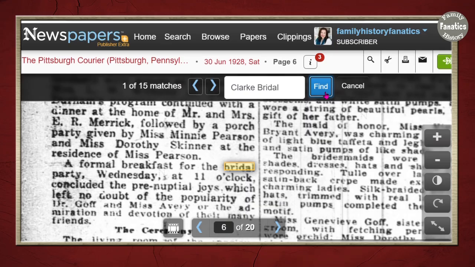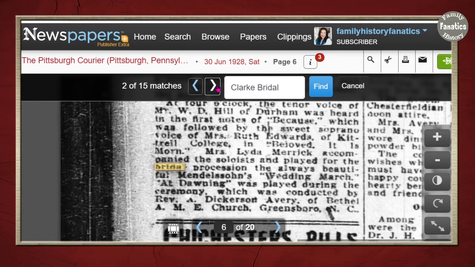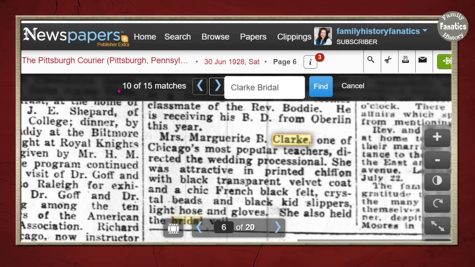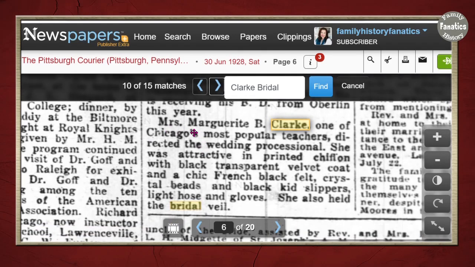Now, your ancestors were often part of bridal parties, and it wasn't their event. So in this case, I'm looking for the surname Clark plus bridal, and I'm going to go forward using these advanced arrows. And on the 10th one, I found Mrs. Marguerite B. Clark, one of Chicago's most popular teachers, directed the wedding processional.